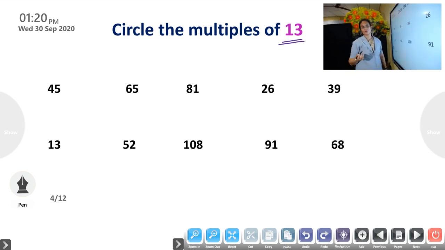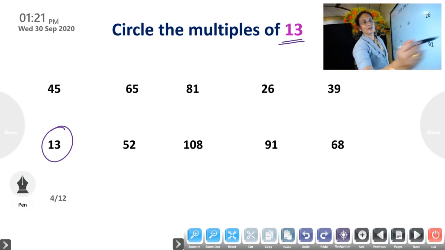Okay, now 13 into 1 is 13. Is 13 here in the given numbers or not? You just look at the numbers. 10 numbers are here. And you can see 13 is here. Okay, so 13 is a multiple. Circle that. Now how do you get the next multiple?